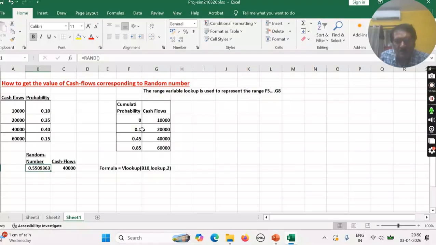This is the accumulation of the probability. First 0, then 0.1, 0 plus 0.1 is 0.1, plus 0.35 that is 0.45, and then adding, that is 0.85, and finally it will be 1 if you add 0.15. And the demand against it, 0 is equal to 10,000.